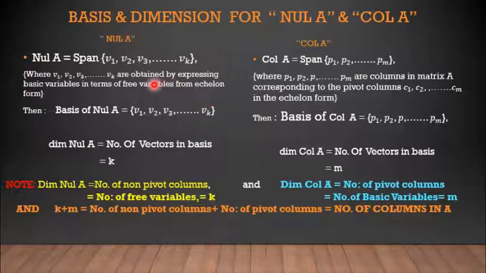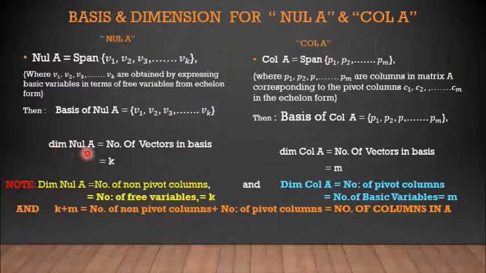From echelon form, already you have done how to find a basis for null A. The same way you will do this. Then, what is the basis for null A? It is the set containing these k vectors, which are spanning.